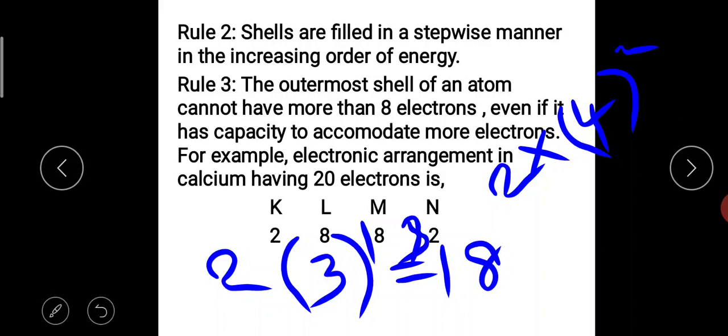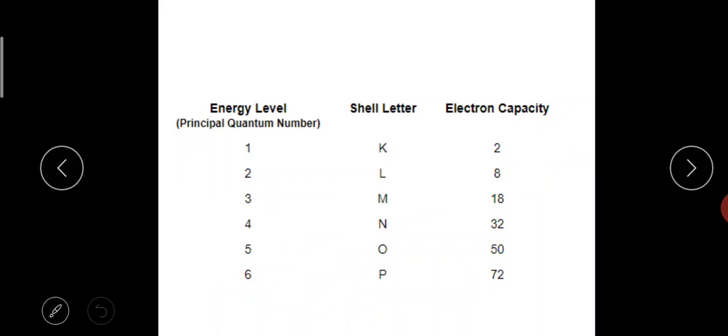Based on this you can arrange the electrons in the orbits, and this is what we call electronic configuration. Is it clear? K shell will have 2, L will have 8, and it goes on. For O you substitute 5 in n square, for P you substitute 6. You can identify the electron capacity and distribute them.